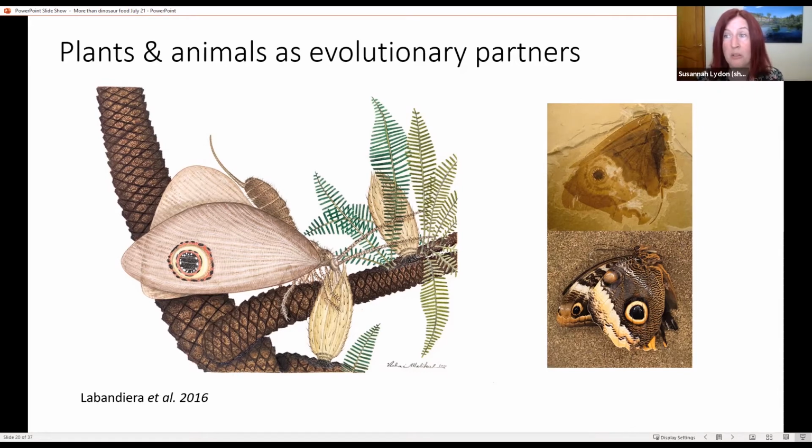Again, I could go and find one in my garden, called lacewings. What this is, is a Jurassic lacewing from a group called the Kalligrammatids. And if you look, you've got the fossil in the top left there of this particular insect, and you've got a modern butterfly underneath.